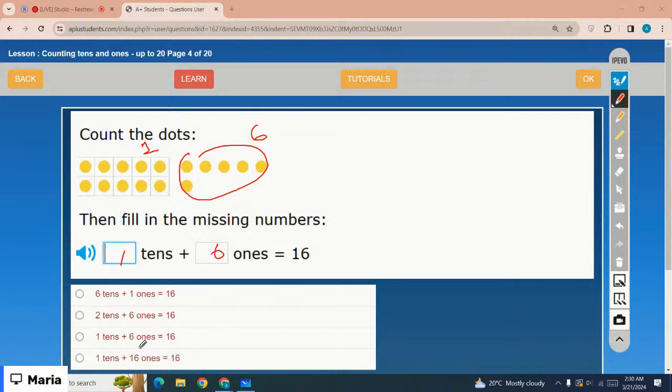So the correct option is option number 3, 1 ten and 6 ones, right? Option number 3 is the correct option.